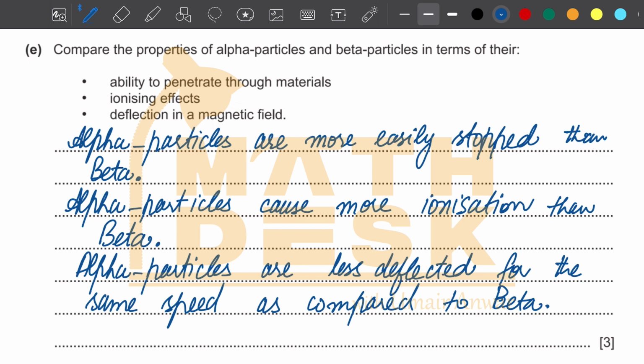And the reasons are: alpha particles are larger in size, heavier particles, so they are even stopped by a thick sheet of paper. Alpha particles have larger charge, so they cause more ionization. Alpha particles are heavier, so they are difficult to deflect, and for the same speed they show less deflection, while beta particles are much lighter particles like electrons, so they show larger deflections in the magnetic field.